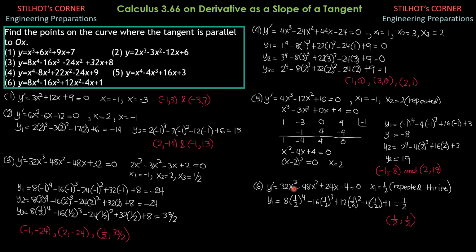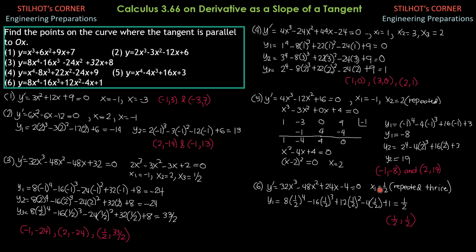is able to find the roots of a cubic equation, and in fact it is also capable of finding the roots of a quartic equation. So the root x1 is 1/2, and this is repeated thrice. So this is a unique problem.